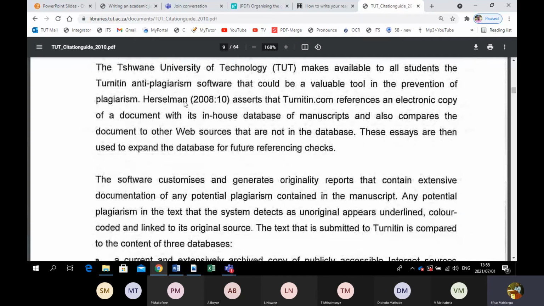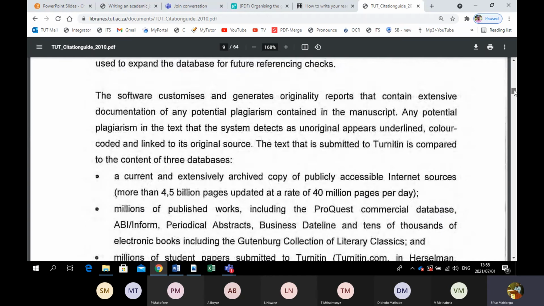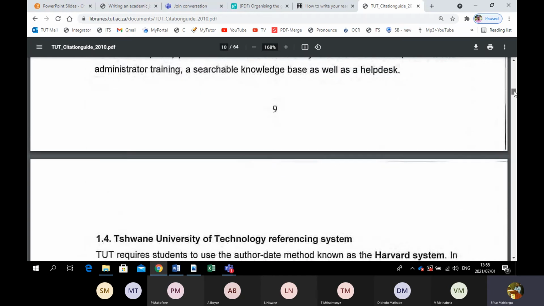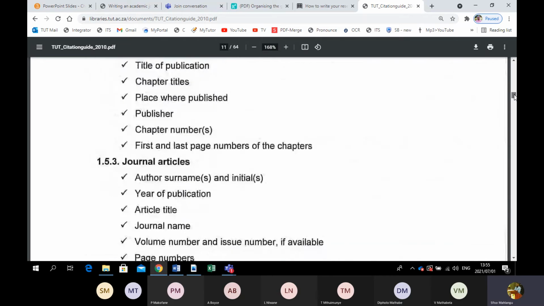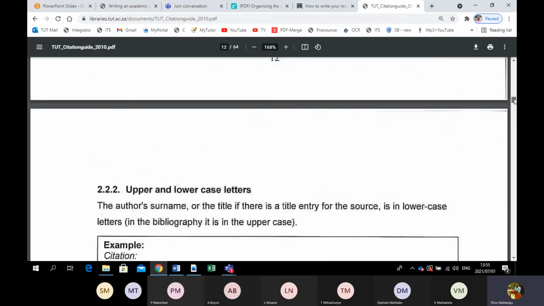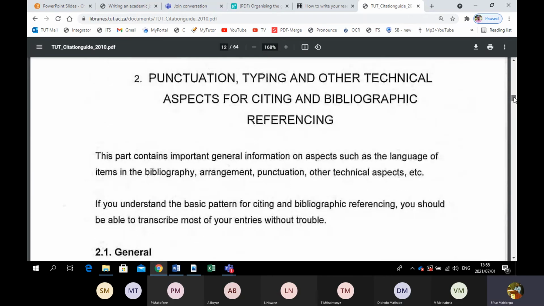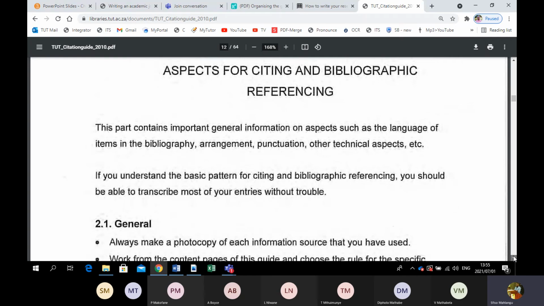You can see that's the TUT one, and it also follows the TUT reference style. Those are the examples that I wanted us to go through.